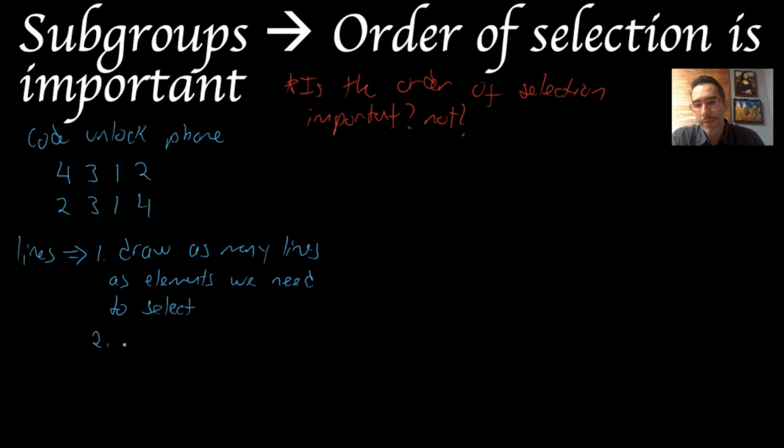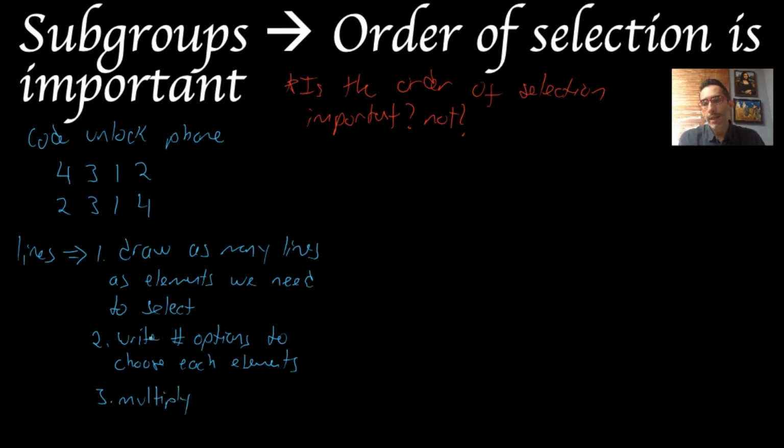The second step will be to analyze and write the number of options to choose each element. And the third step, after we have analyzed and we have our numbers, we simply multiply.